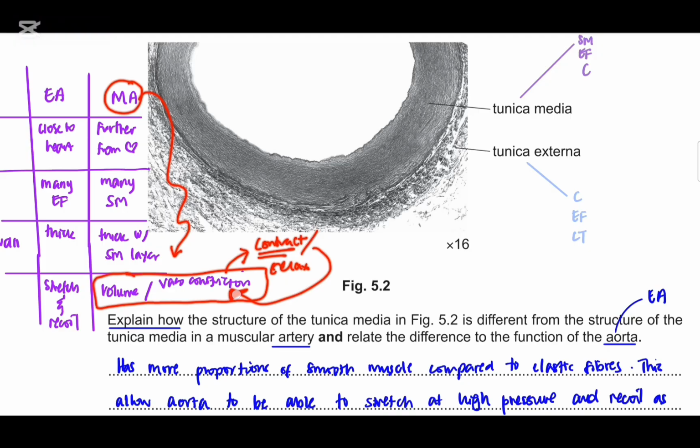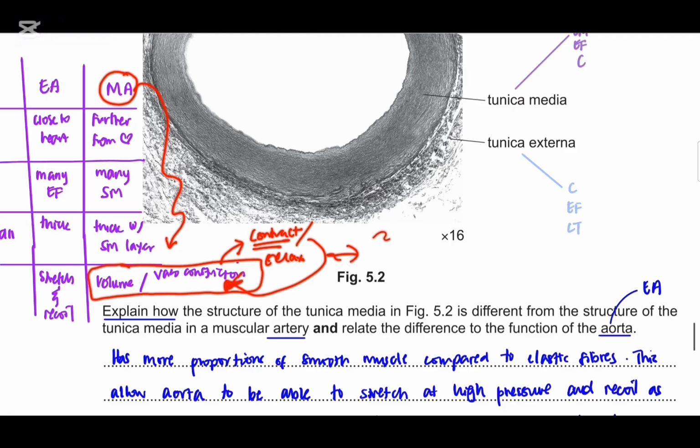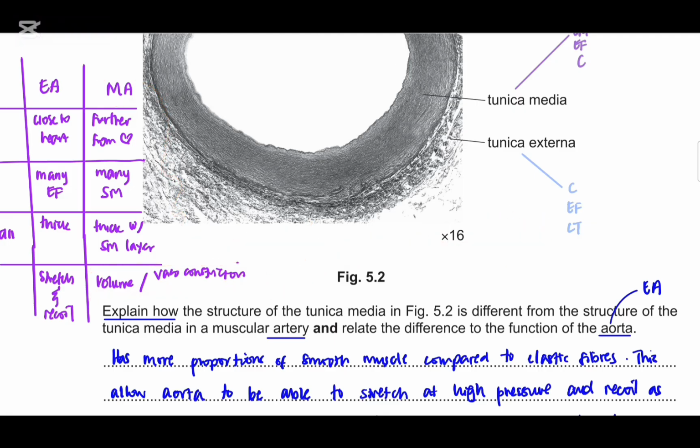I hope you remember in your O-level studies the idea of vasoconstriction and vasodilation, when you learn about homeostasis, regulation of body temperature. Remember that? So this is the structure that is involved in vasoconstriction and vasodilation. Take note.